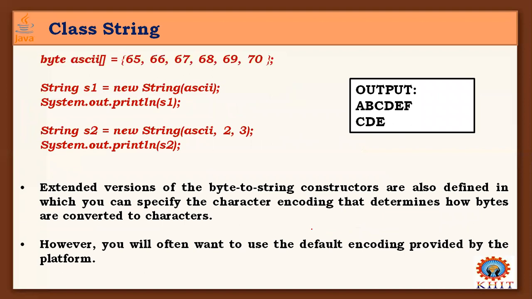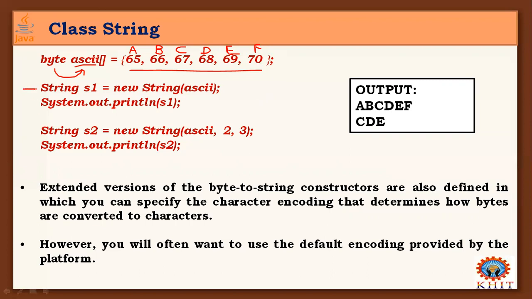Next, an example. I have a byte array with some values. All these are ASCII values, and we know that these are uppercase characters: 65 is A, 66 is uppercase B, uppercase C, uppercase D, and these two are E and F. All are an uppercase alphabet character sequence.